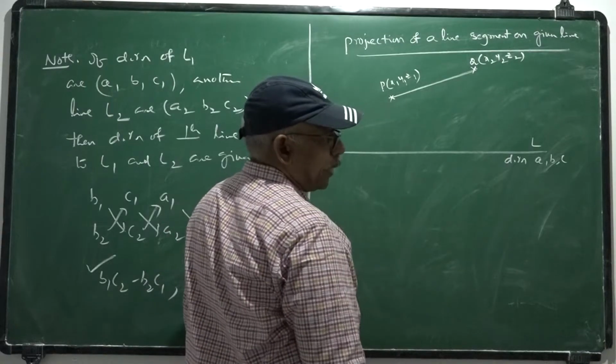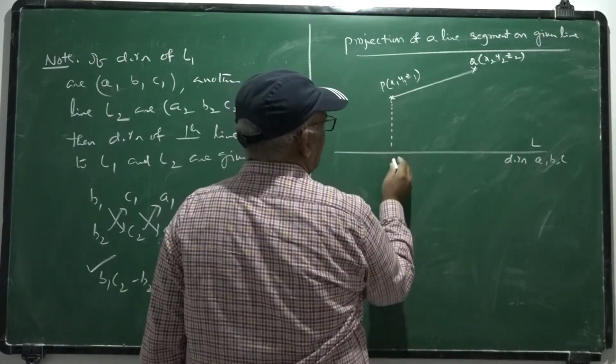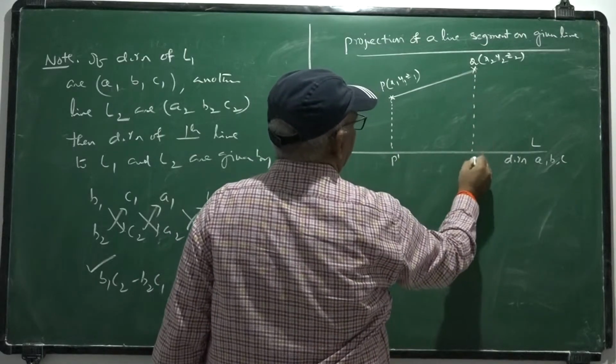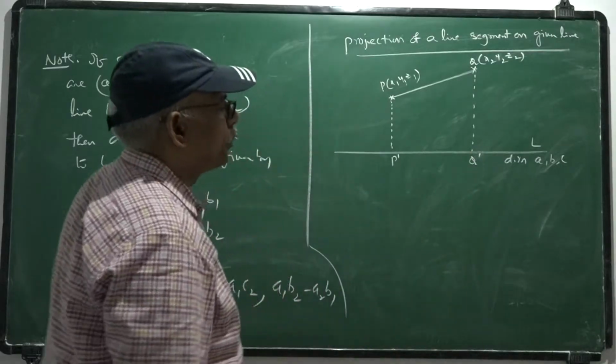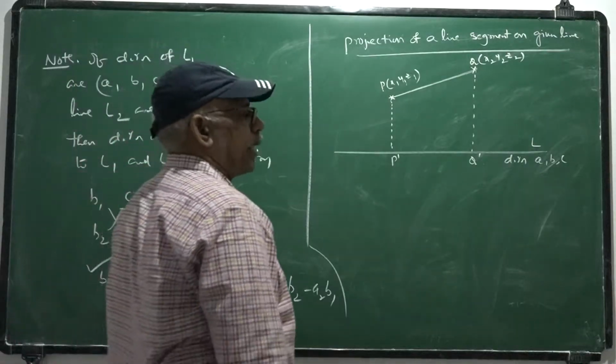Now, the projection of PQ on L is what you get once you take the feet of the perpendiculars from P and Q to the line L. Let them be P dash and Q dash.